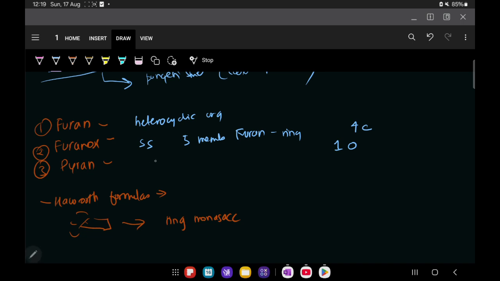And pyran is a 6-membered heterocyclic ring. It has 5 carbons and 1 oxygen atom, and it has 2 double bonds.